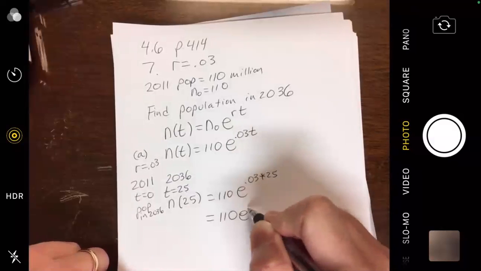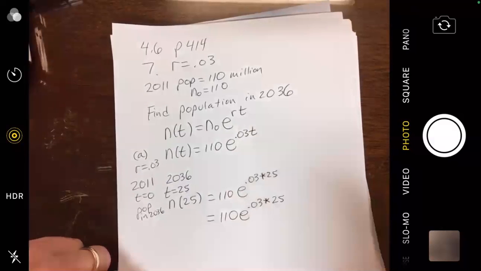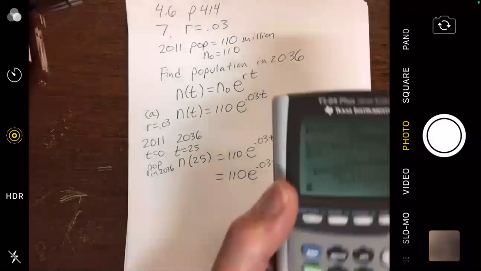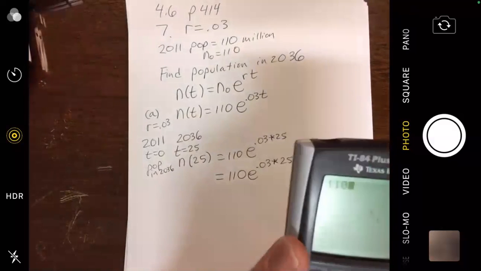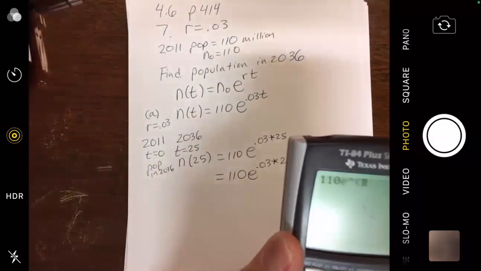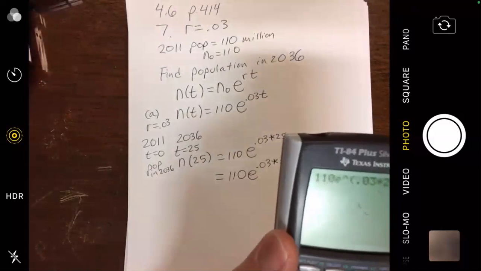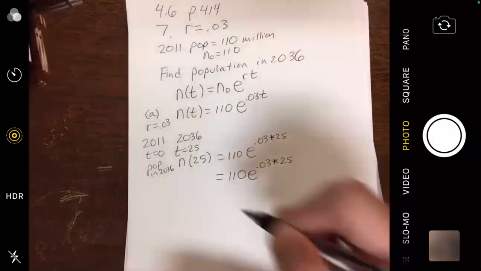Well, I don't know why I'm writing it again. No need to write it twice. So 110 e to the 0.03 times 25 is 232.87 million.